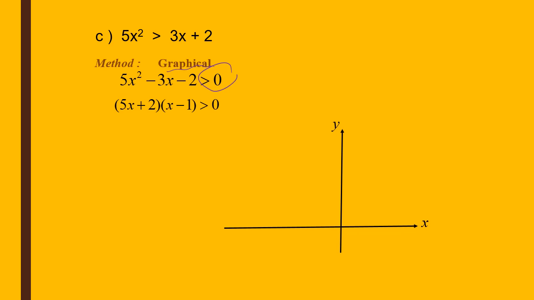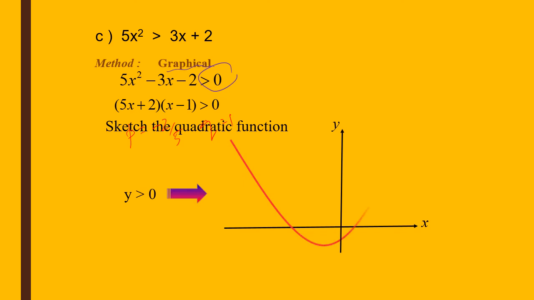What is the next step? To find the values of p and q. So what is our p? Here it is negative 2/5. q is equal to 1. Which one is greater? It should be on the right side, the greater one. So sketch on your graph. We have the values of negative 2/5 and 1. Then the question asks for more than 0.